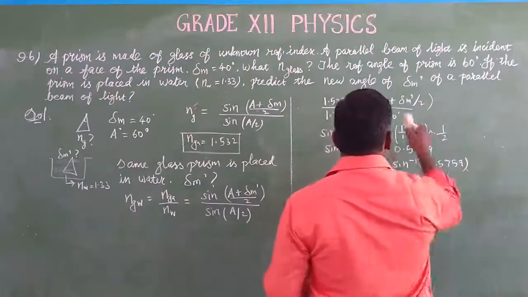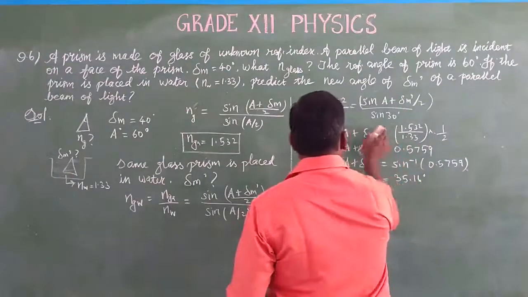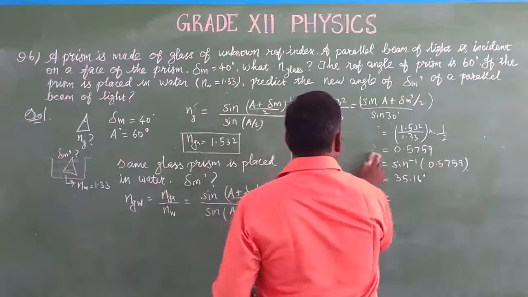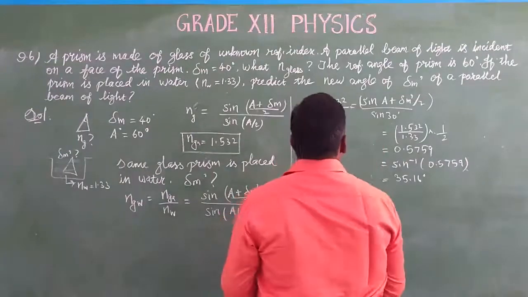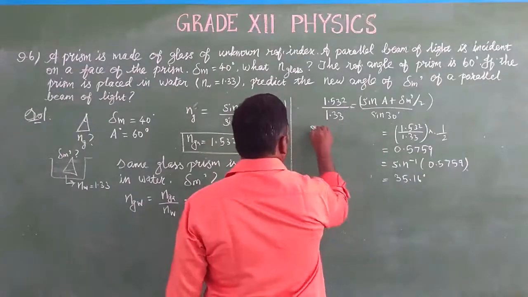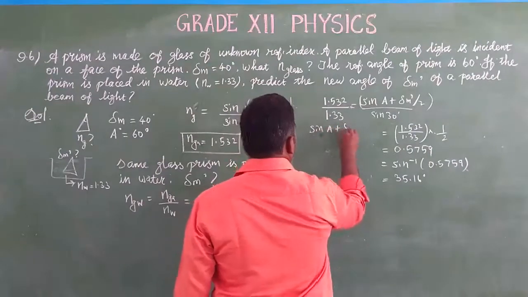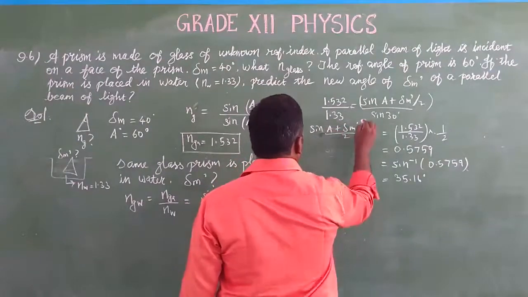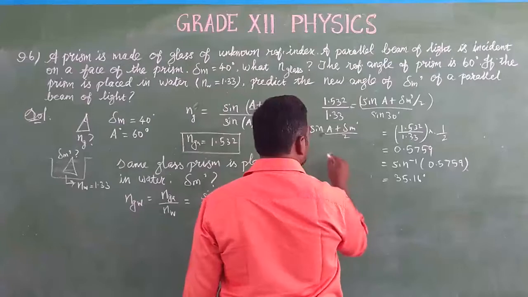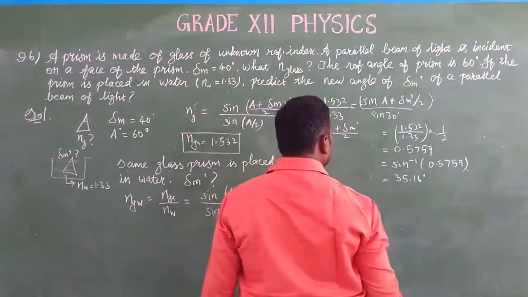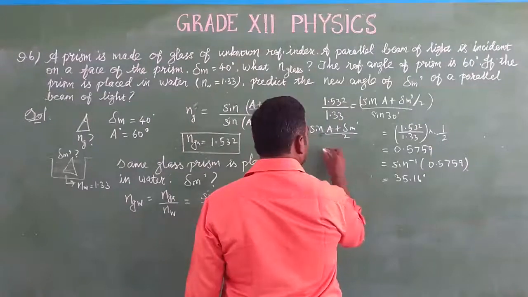In this step, once again we will rearrange. This side gets fully modified. So sine of (A plus delta m dash) by 2 is this value. The by 2 we didn't use yet.